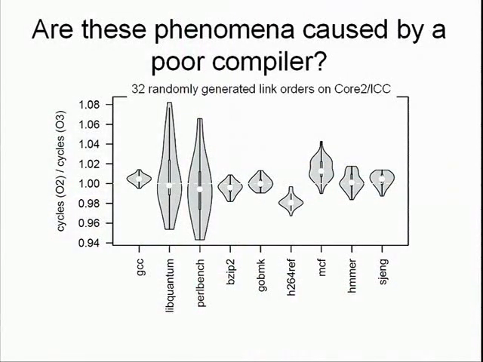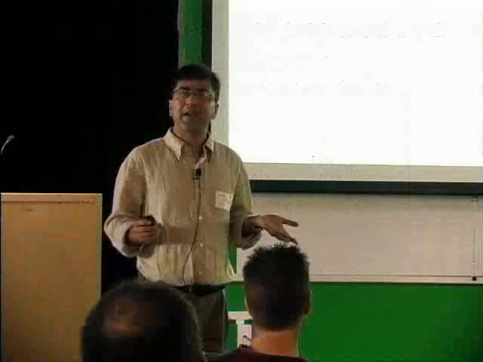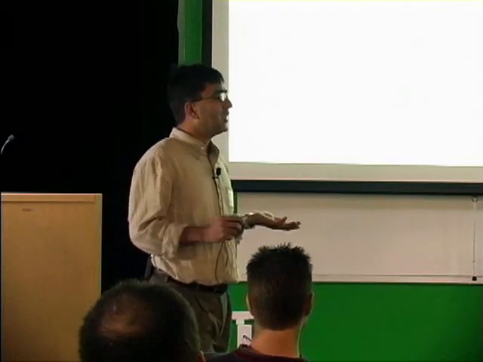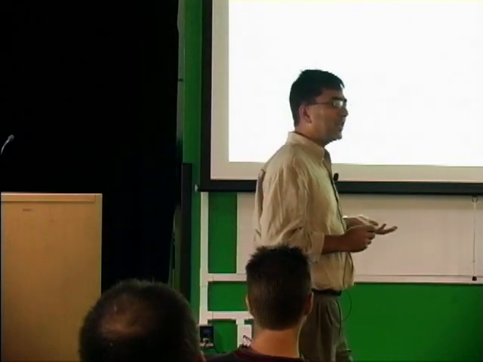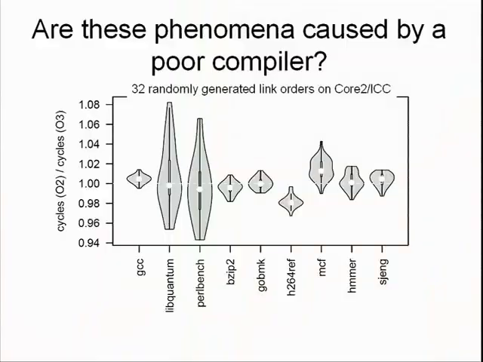Now, we have so far used GCC for all of our experiments. And you might be wondering if this behavior is an artifact of GCC. In particular, since we are using Intel machines, if you use an Intel compiler, maybe the Intel compiler designers are smarter, and maybe they'll know how to do things right for that machine.